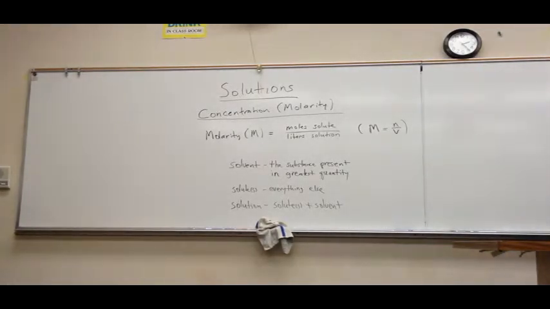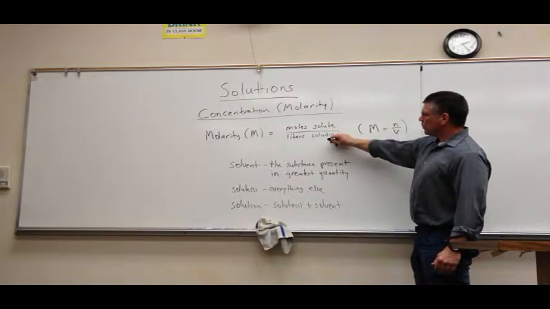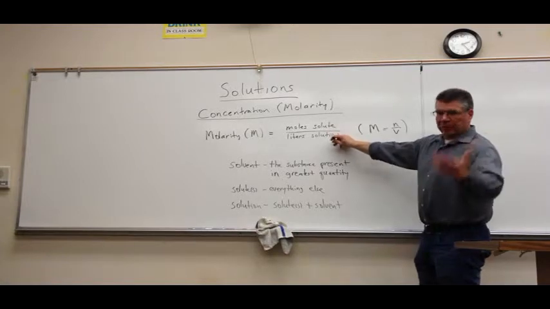In aqueous solution, that's solutions like you guys deal with, that'll be water. The solute is everything else. And the solution means the solute or solutes plus the solvent. So this is moles of the thing that's dissolved divided by the per liter of everything in the solution.